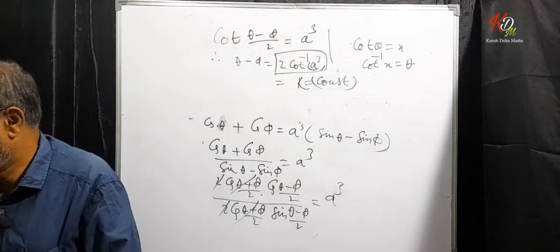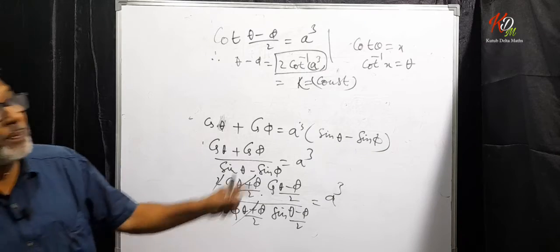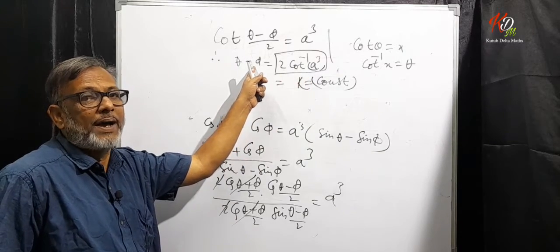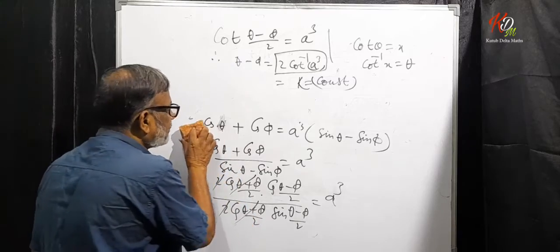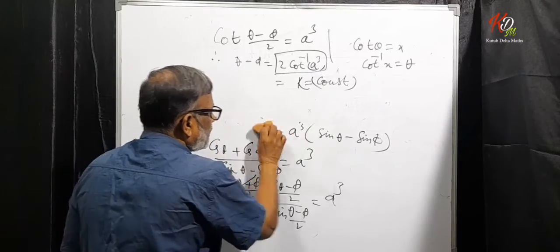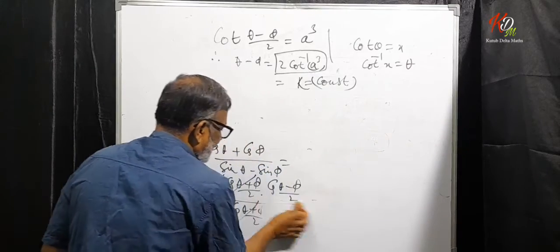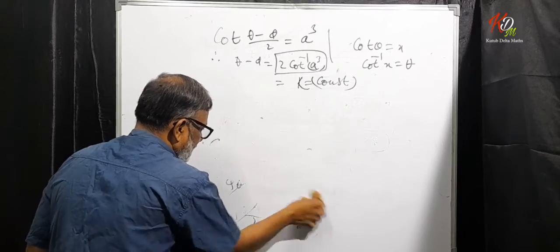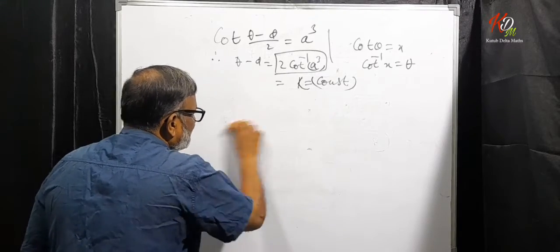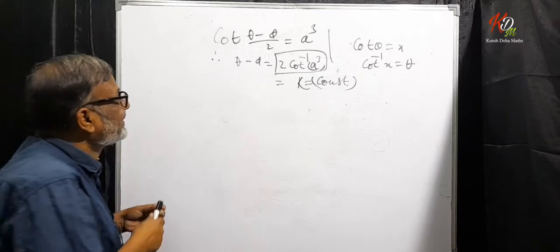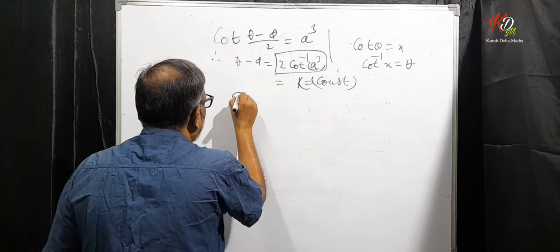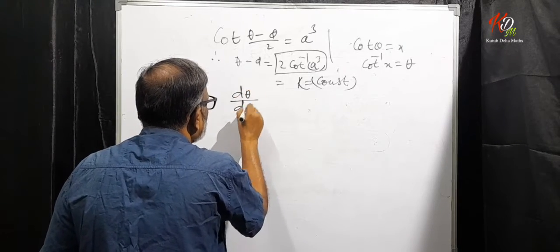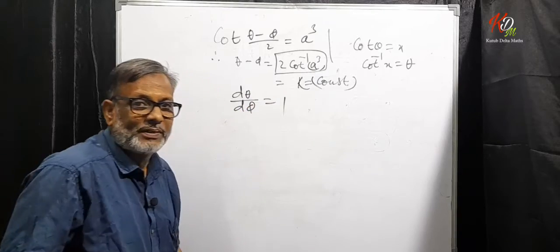Now differentiating with respect to phi, we have d theta by d phi minus 1 equal to 0, so d theta by d phi equal to 1.